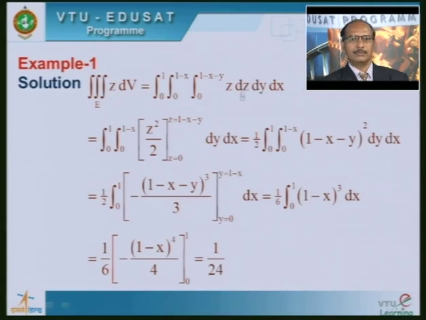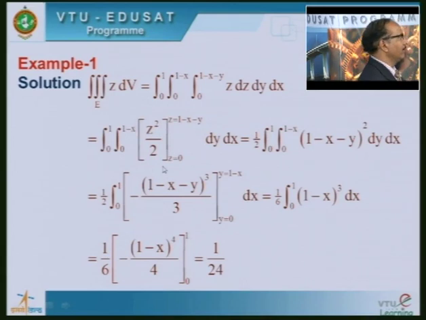I have taken dv as dz first, then dy, dx, because you see the limits: z limits are functions of x, y limits are functions of x only, and x limits are constants. Now integrate here, I can consider the integration of z, which you can do in detail on the board.